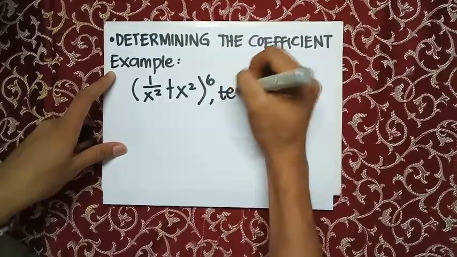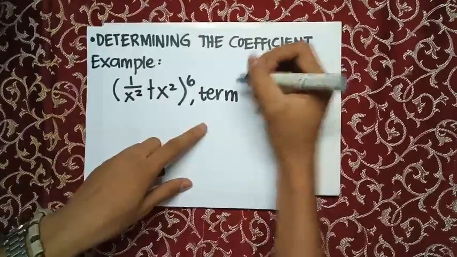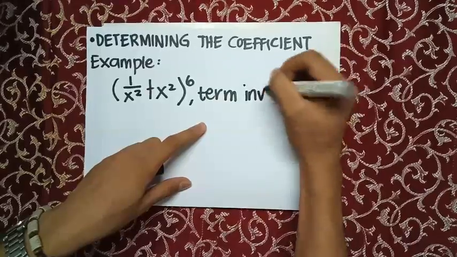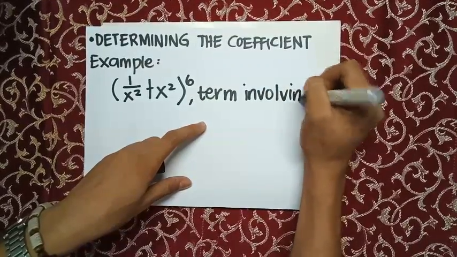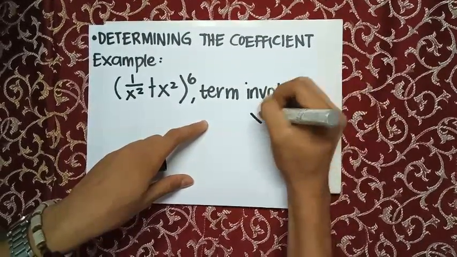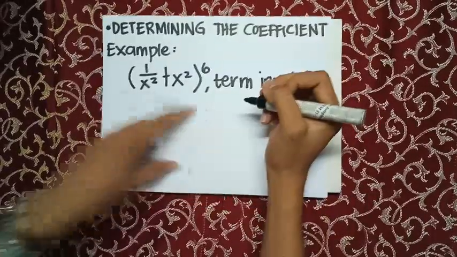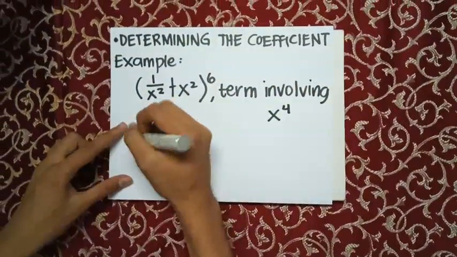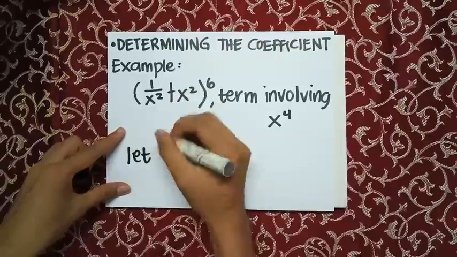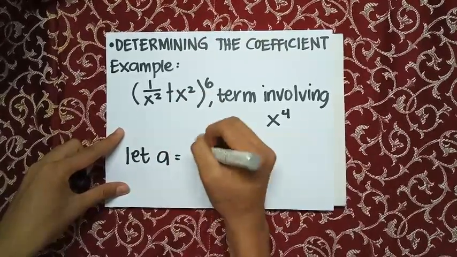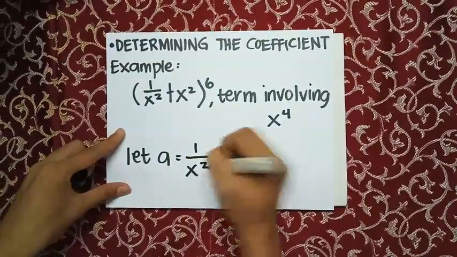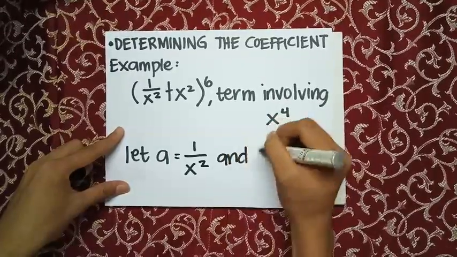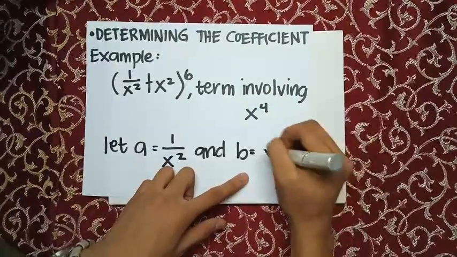And we are going to find the term involving x raised to 4. Let a is equal to 1 over x squared and b is equal to x squared.